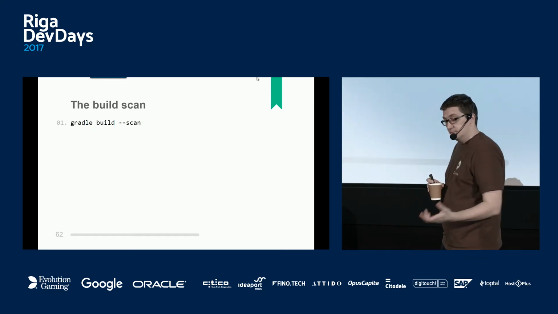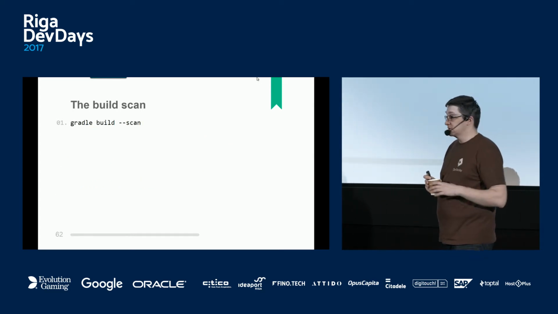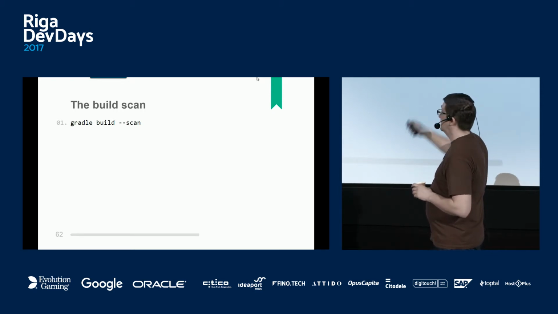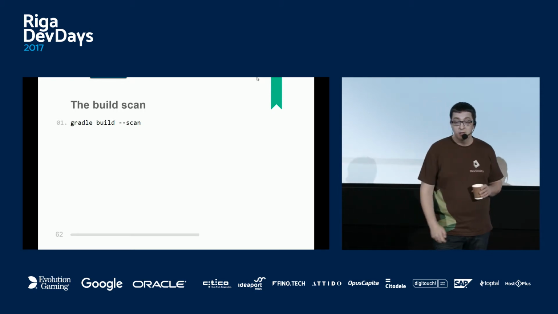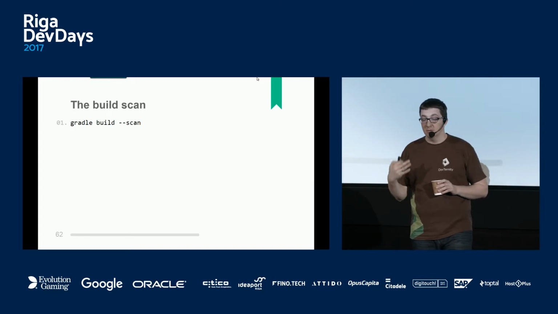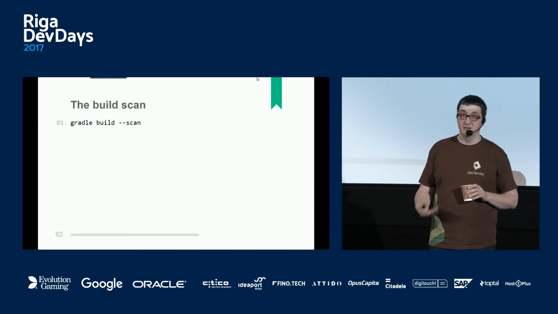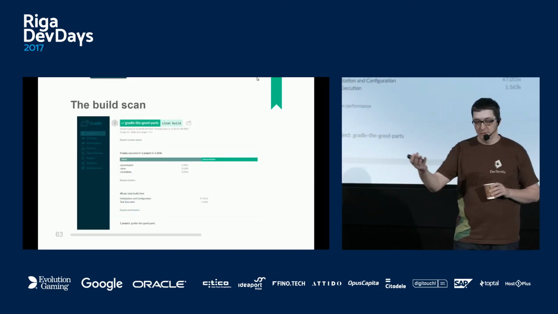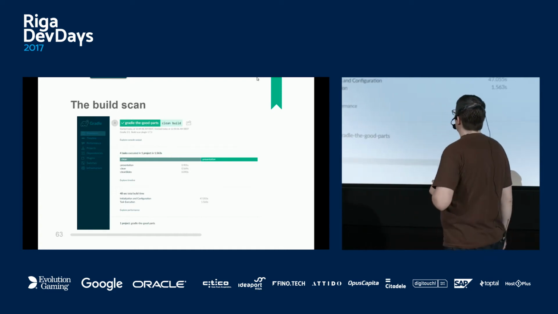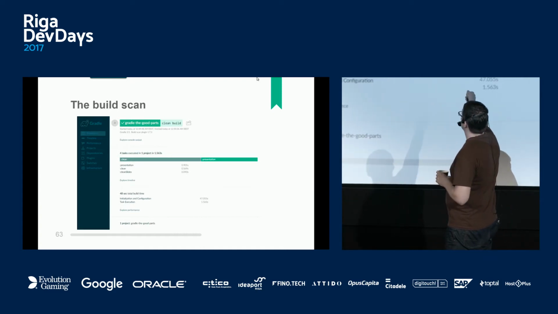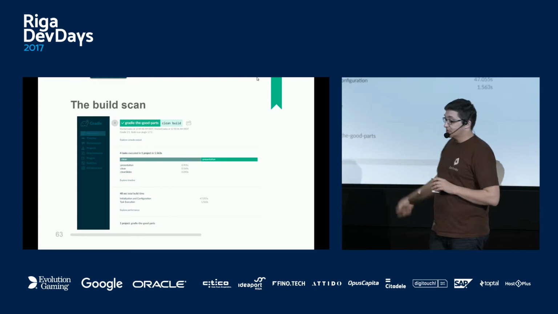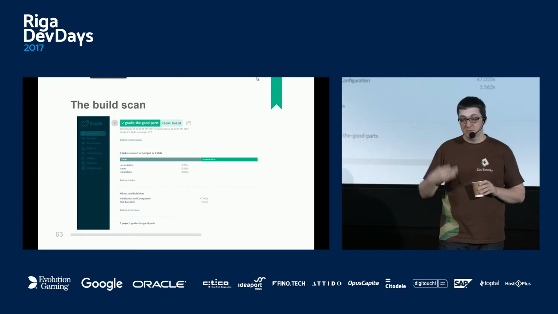In order to run your build, you just have to add the scan property to the command line, and then it will send build performance data to Gradle.com, the public information, and you will see the timings, the information about dependency resolution, configuration management.